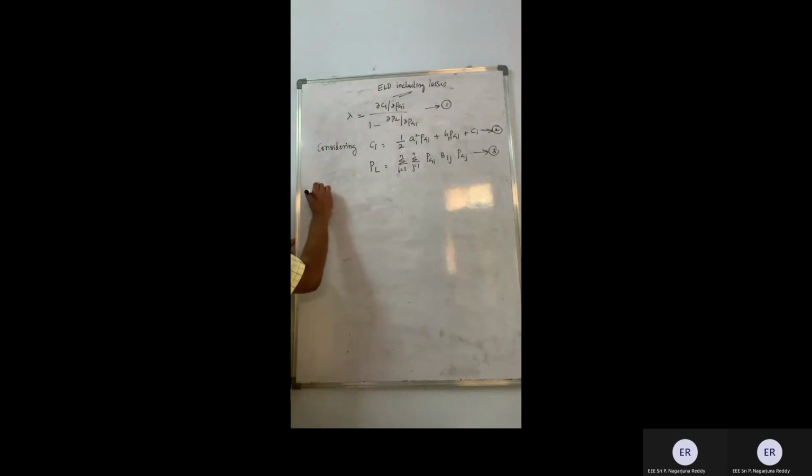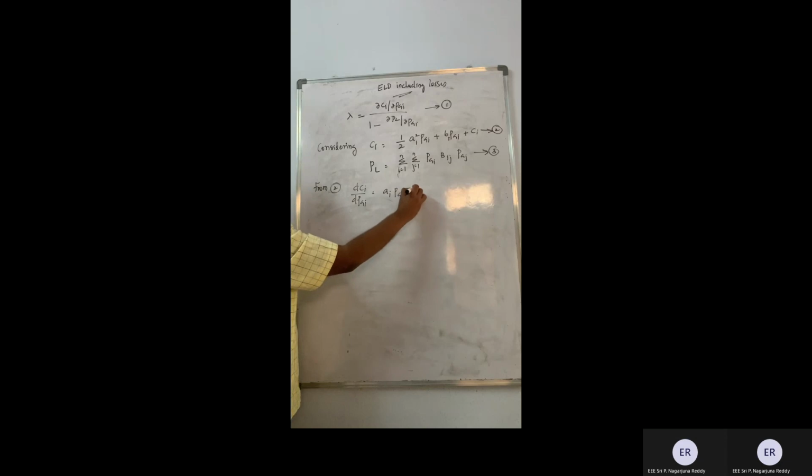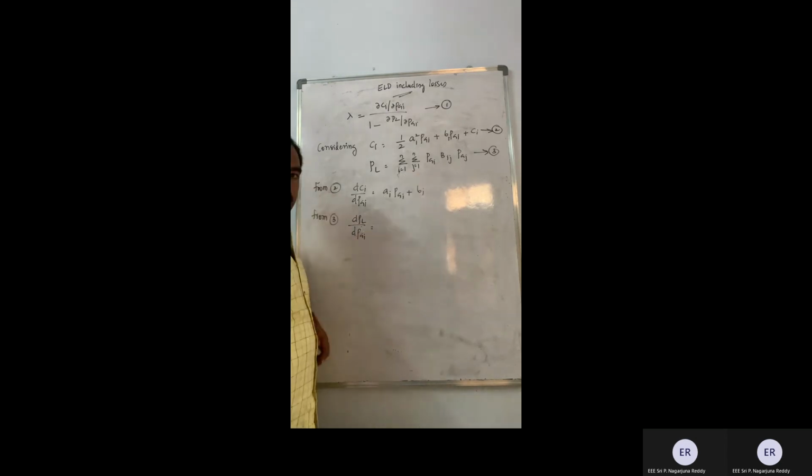Now, from equation 2, dCi by dPgi is equal to AiPGi plus Di, isn't it? Whereas from equation 3, we are having 2 sigma, right?